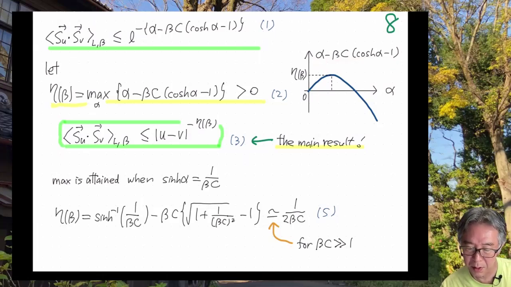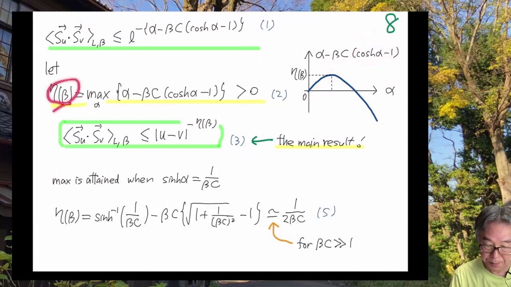Since this is proportional to alpha squared, it's like alpha here, and it finally goes down. So the maximum is always strictly positive. This is a beta-dependent maximum, but anyway, it's strictly positive.